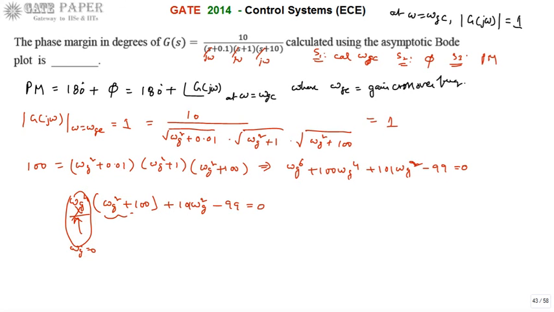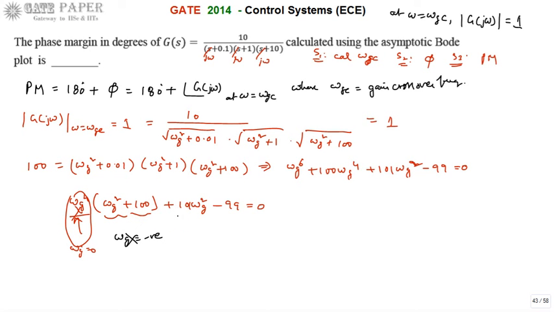From this one, omega g will be negative, but the gain crossover frequency cannot be negative; it is always positive and real.